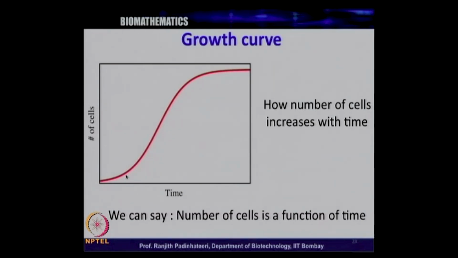There is a particular way in which the number of cells increases, and this precise information, whether it is logarithmic, linear, or exponential, matters. When I say exponentially or linearly, these words have some precise meaning.